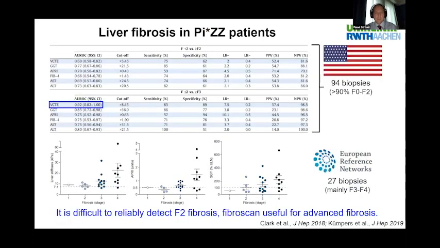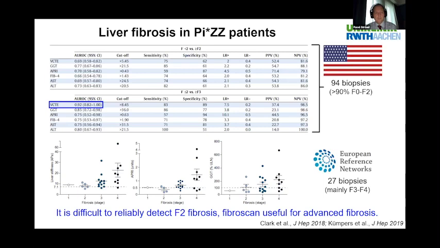These are the data on transient elastography from Virginia Clark's paper, and you can see that transient elastography, here called VCTE, is the best biomarker to predict advanced liver fibrosis. So this is recognizing basically fibrosis grade 3 or higher.